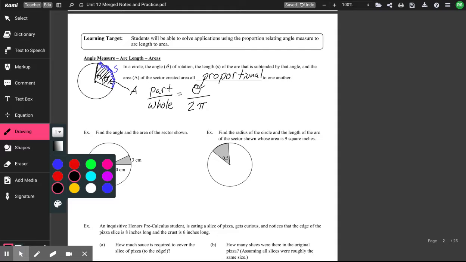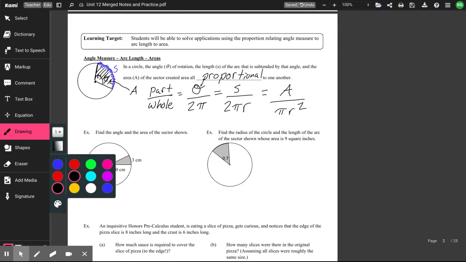So theta represents part of that 2 pi. Now, s is our arc length, a portion of the circumference measured by 2 pi r. Our area of that shaded sector is part of pi r squared, representing the area.